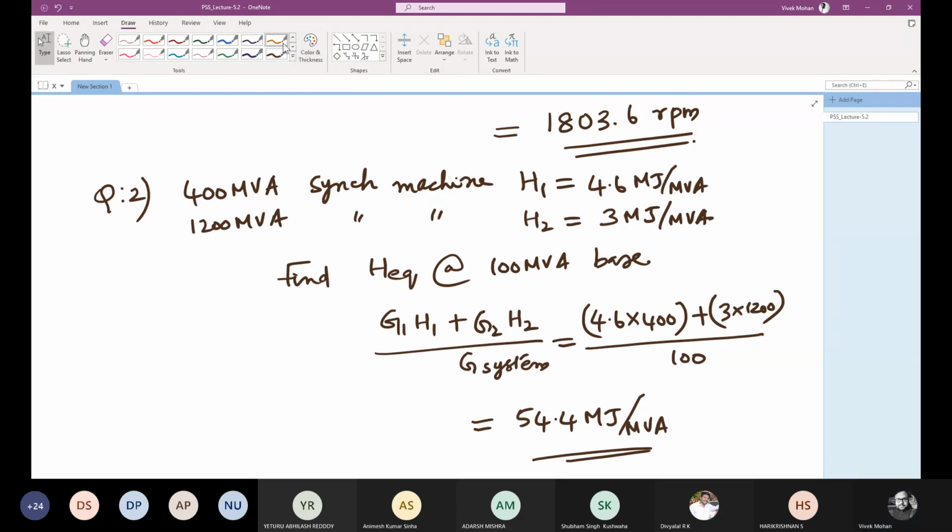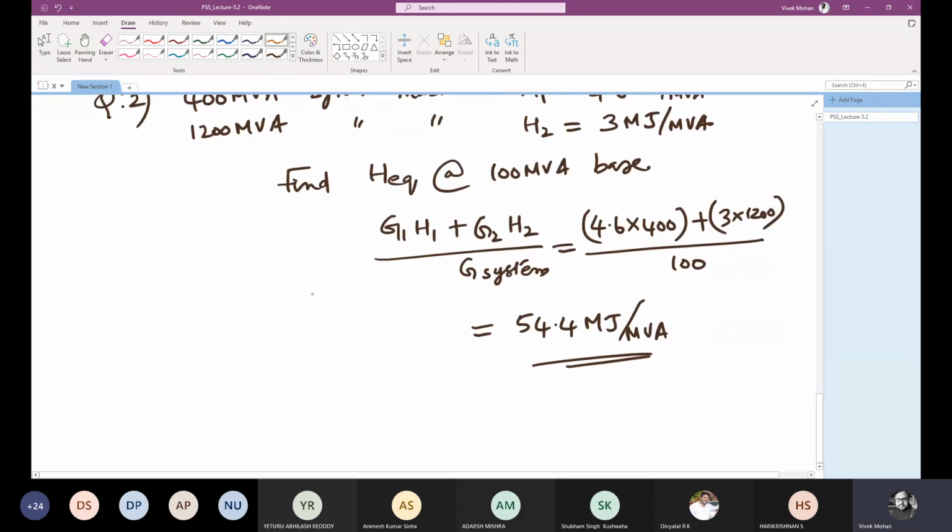Now a 100 MVA, 2-pole, 50 Hertz generator has a moment of inertia. What is moment of inertia?